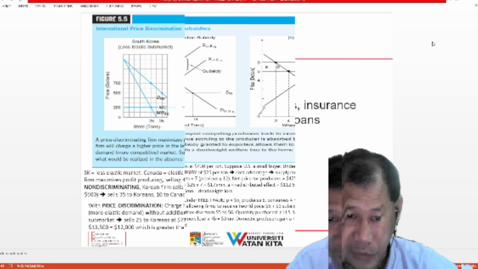You can calculate that, giving 17,500 plus 5,000. Profit is the total revenue minus total cost, which gives a profit of 9,000 in the non-discriminating case.